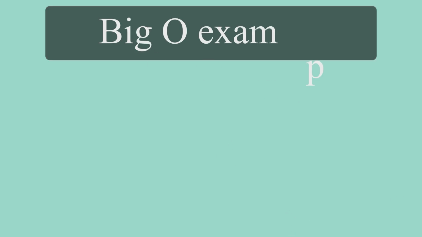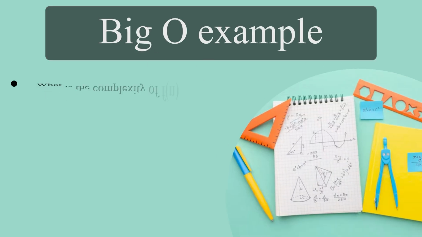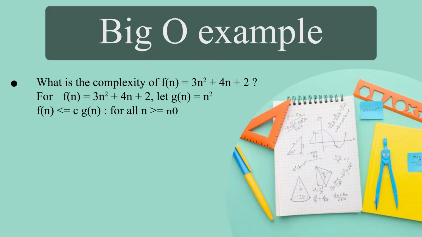Let us take an example of big O notation. If I want to determine the complexity of function f(n), which is represented as 3n square plus 4n plus 2, what do I need to know? I need to determine two values, c and n0. Since the topmost polynomial term here is n square, let us take g(n) as n square.